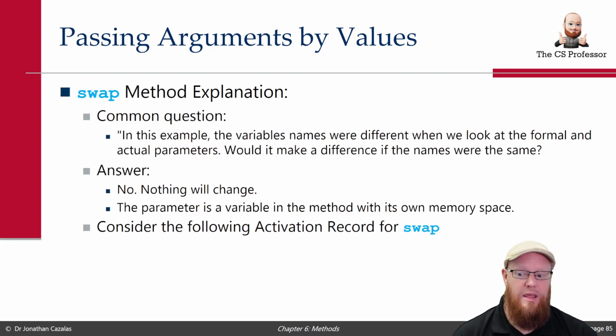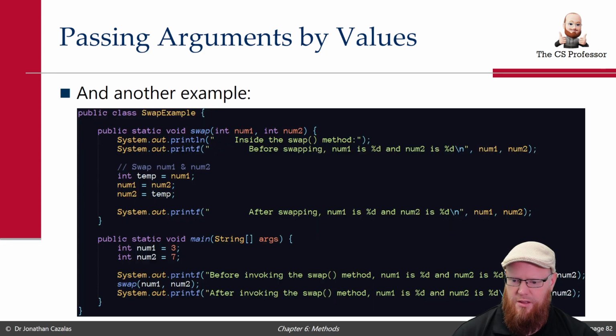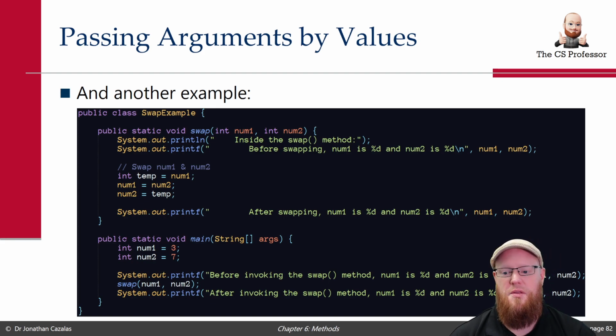And this is just more discussion of this. Common question: in this example, the variable names were different. When we look at the formal and actual parameters, would it make a difference if the names were the same? The reason why that example was there is because I actually edited this code to make the names the same.